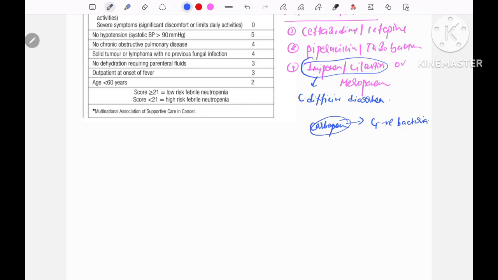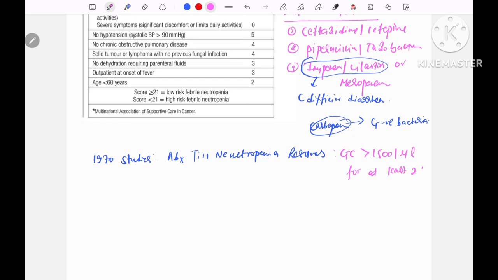Now, this antibiotic treatment, according to a 1970 study, was given until the neutropenia resolved, which means the granulocyte count was more than 1500 per microliter for at least 2 days.